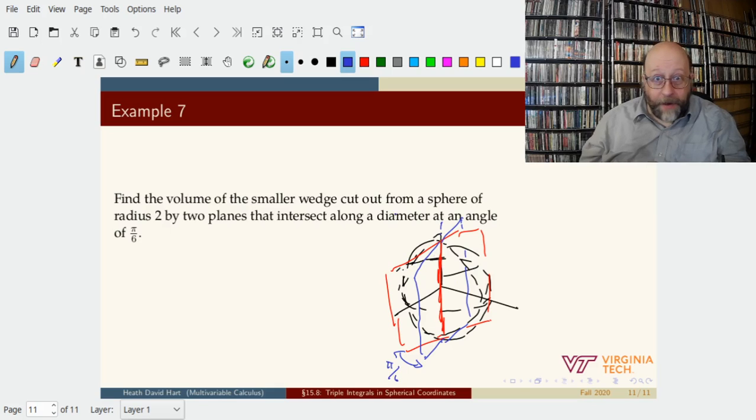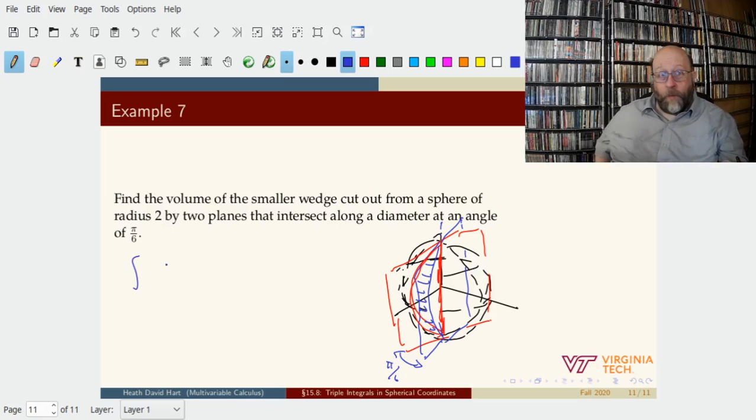This plane cuts off a piece of the sphere like so, and then this plane cuts off a piece like so. Again, we get one of these little apple slice kind of pieces between them. We want to find the volume of that small wedge, not the big piece that's left over, but the small wedge that's cut out.